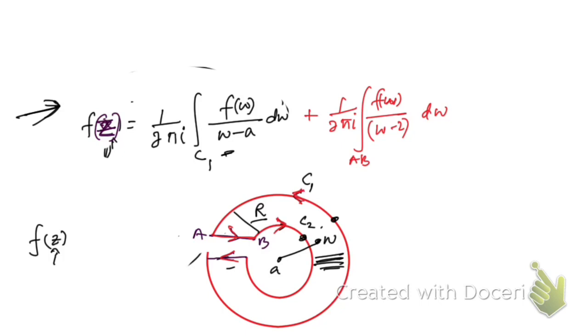If you see the direction of C1 and C2, they are opposite, so we are going to use the minus sign: 1 by 2 pi i, then again f of w along C2, over w minus z, dw. Then again here we have AB. Now we are going to integrate in the opposite direction.